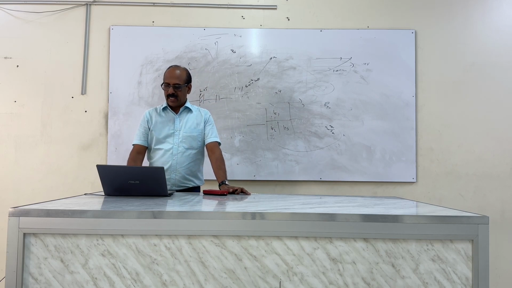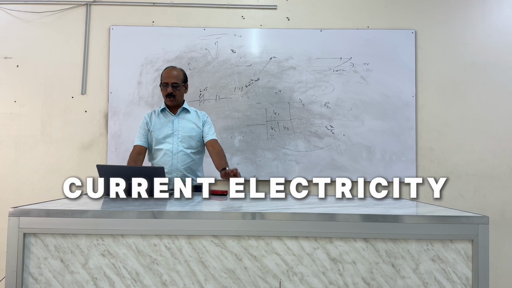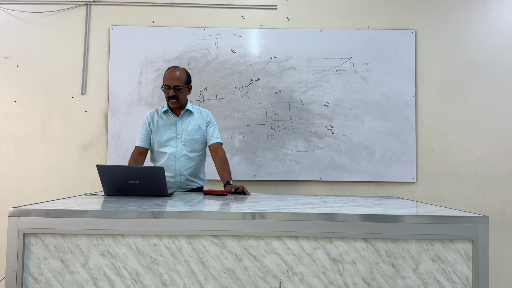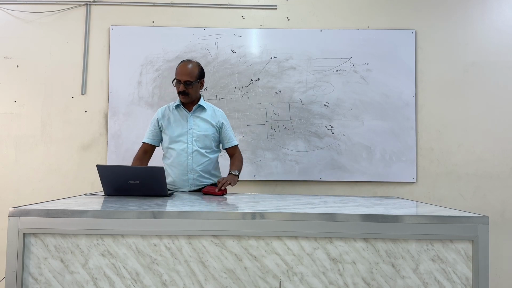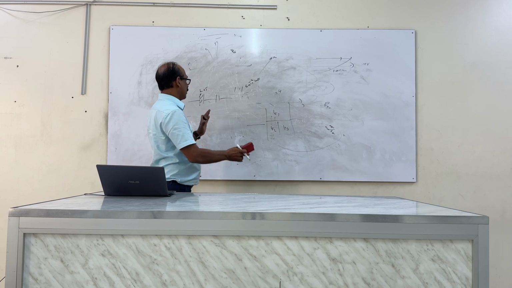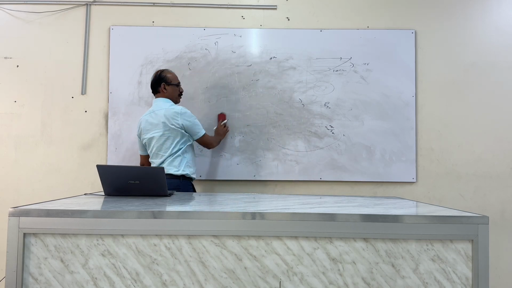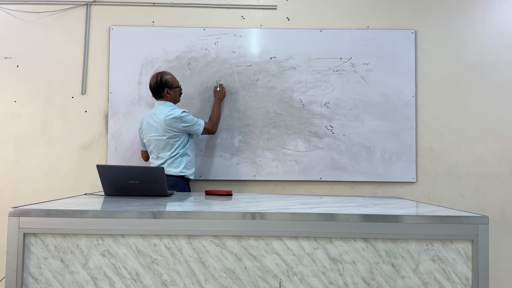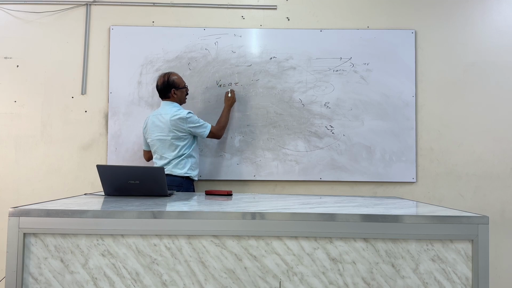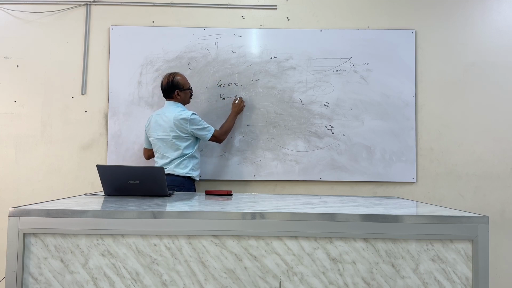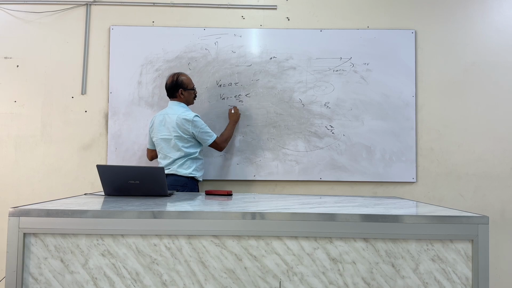Okay? Then we will go to the next topic, current electricity. Important derivations of current electricity we can mark. First one, drift velocity. Very important question. Every year we get a question from here. The derivation of drift velocity: Vd is equal to a into tau, Vd is equal to minus eE by m into tau.